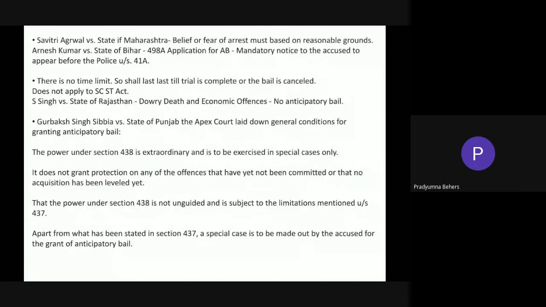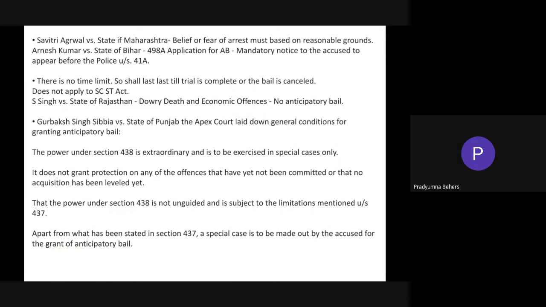It does not grant protection on any of the offences that have not yet been committed or where no accusation has been made. So that means if the offence has not been committed, with an intention to provide the accused an immunity from arrest as a blanket order, no such relief can be sought, or it cannot be granted by the court.